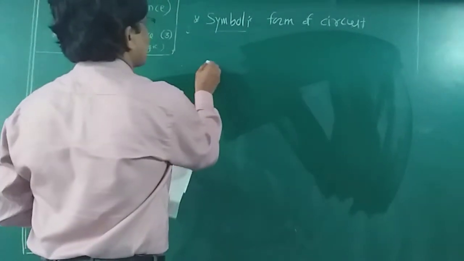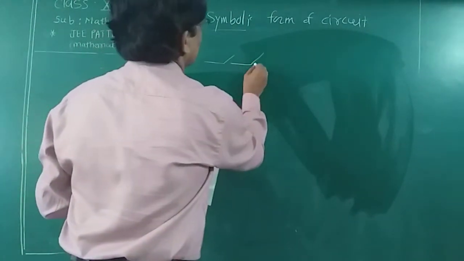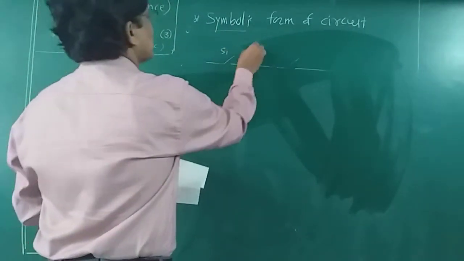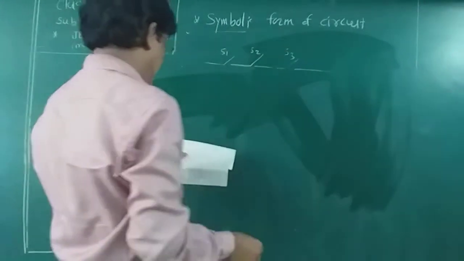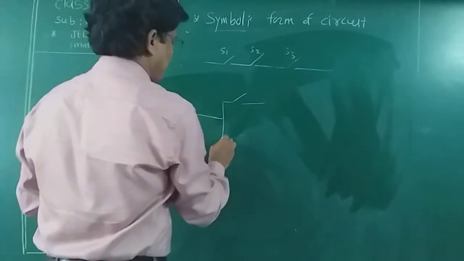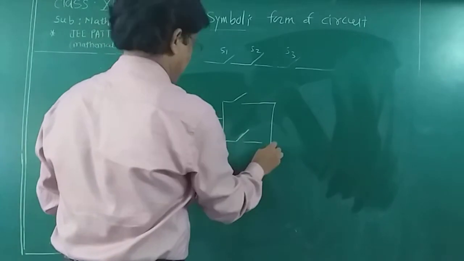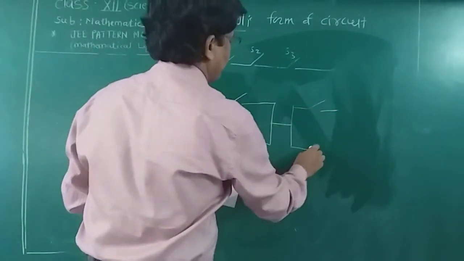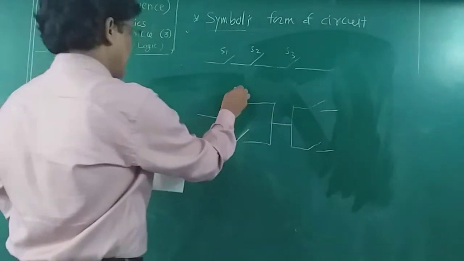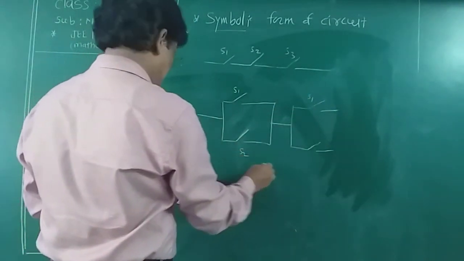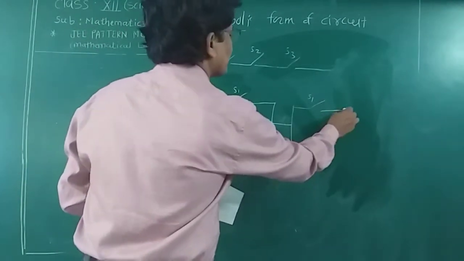Here's another circuit. These are three switches: S1, S2, S3. Same type here. S1, here again S1, S2, here S3.